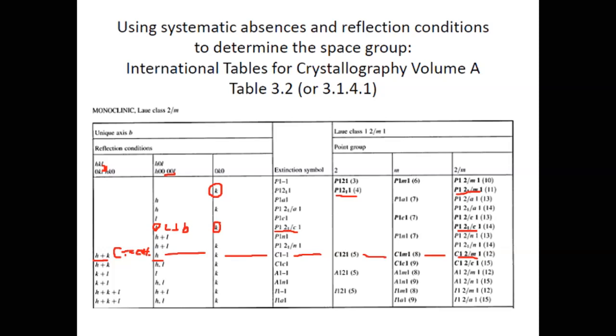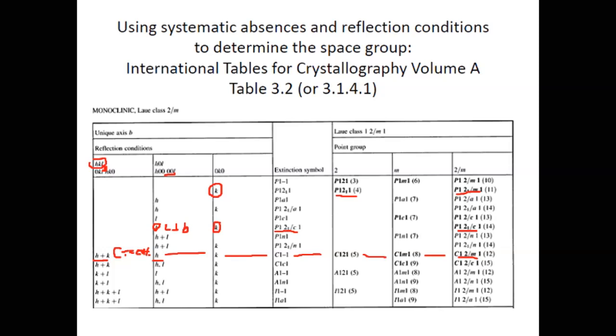And when H is 0 and K is odd, H plus K is still odd and absent. So this doesn't mean you have a screw axis present. It just means you have C-centering, and these are actually subsets of the original reflection condition.